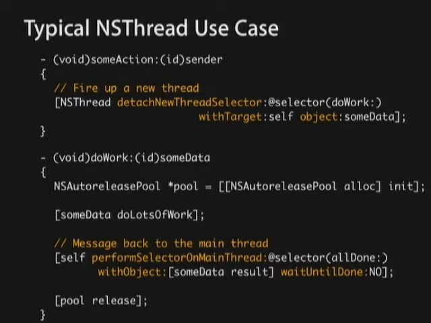Generally, this is no. I've yet to run into a case where this is yes, though I'm sure you can conceive of one. But generally, you want to write stuff so that it doesn't have to block. And of course, you release your pool at the end. At this point, when this method is done, your thread is gone. It just goes away. It's finished.